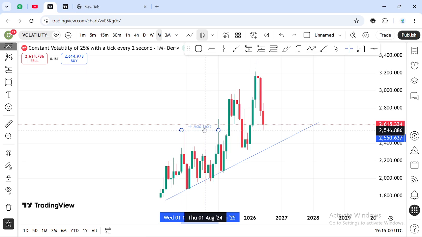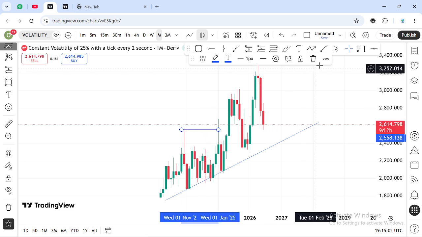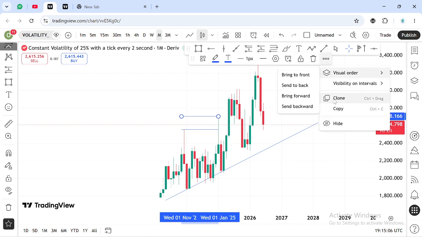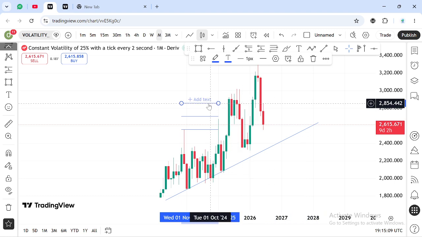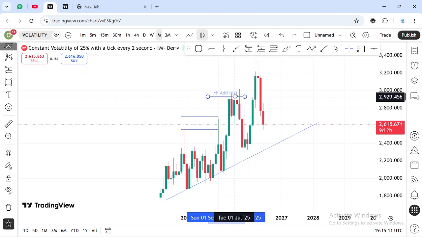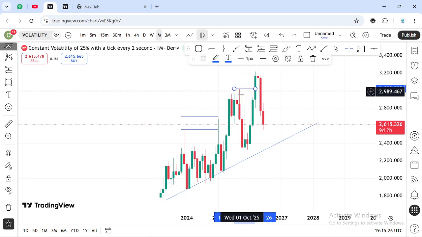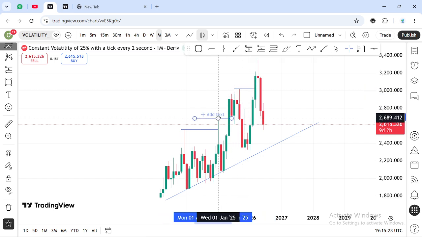On this one we have a break of structure there, and then we have this as our break of structure, which is a very nice break of structure. Now we have to understand what has been happening. I've always been trading with data, so we make use of what has happened to understand what we expect to happen.